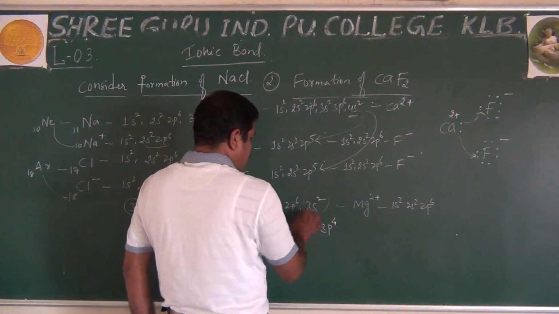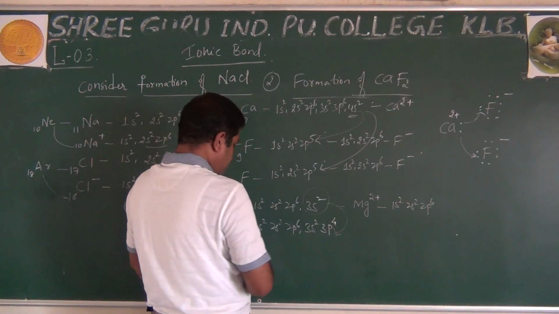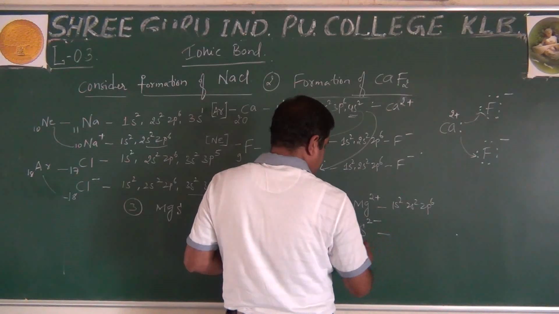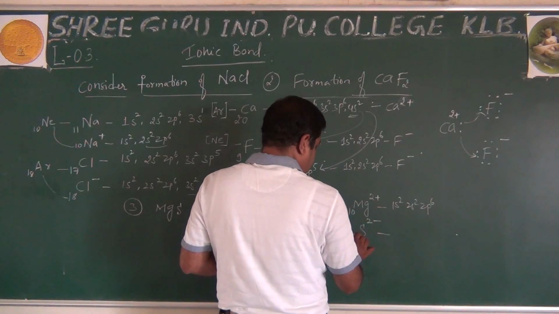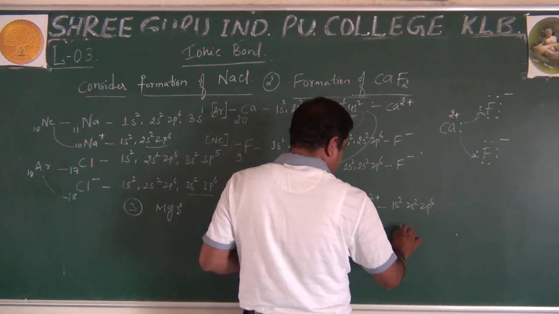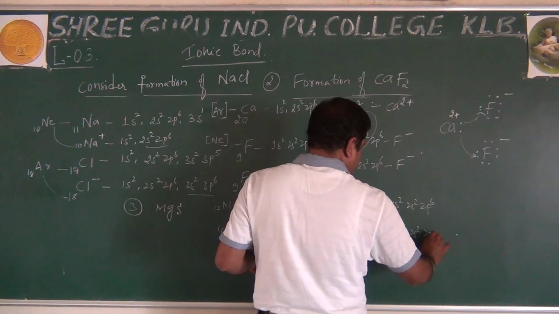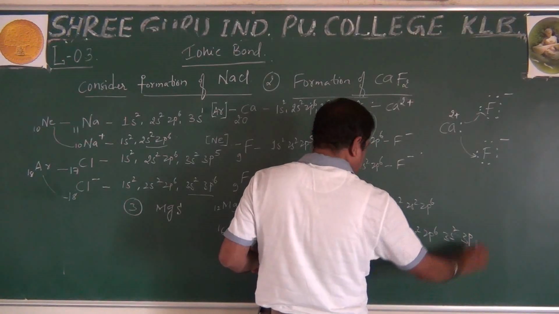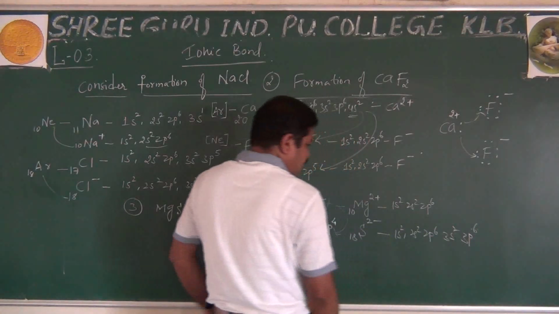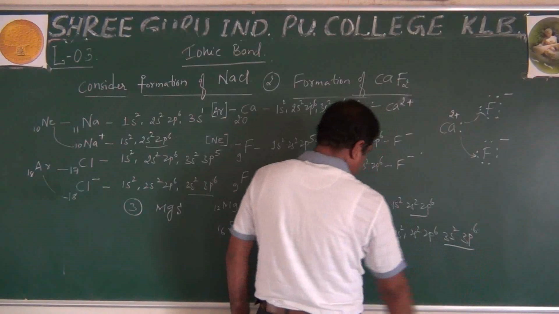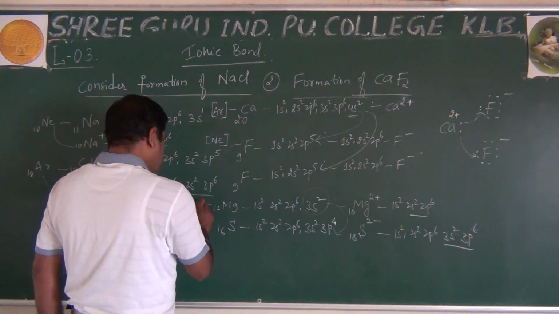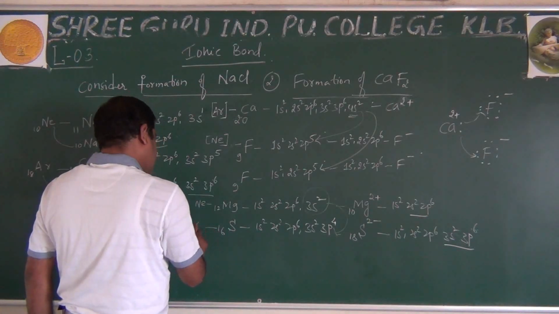When these are gone, they are donated to sulfur. So sulfur becomes S2−, and its configuration 1s2, 2s2, 2p6, 3s2, 3p6. Magnesium acquires the noble gas configuration of neon, and sulfur acquires the configuration of argon.